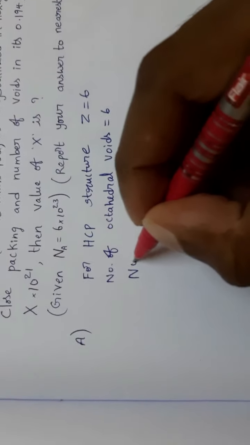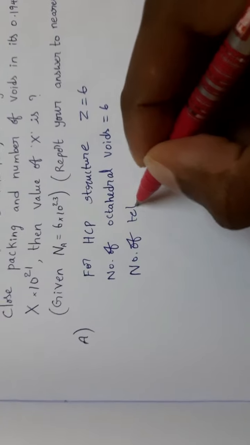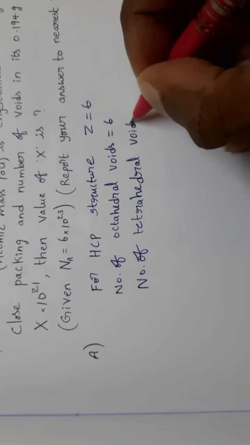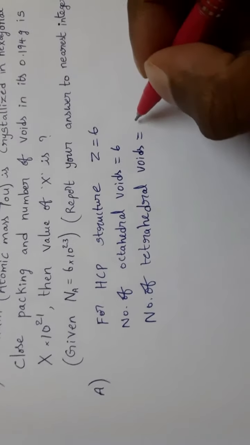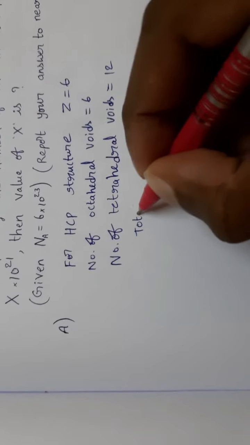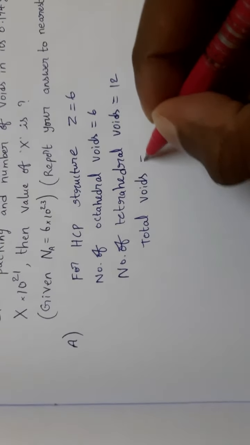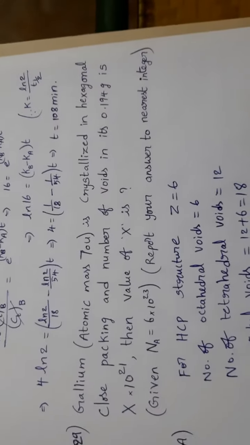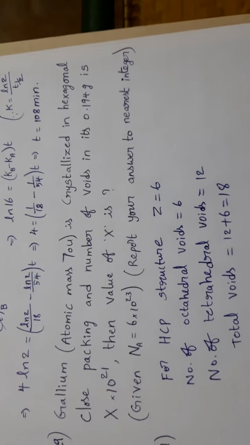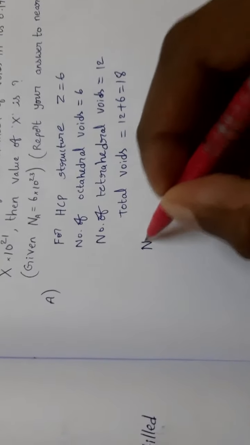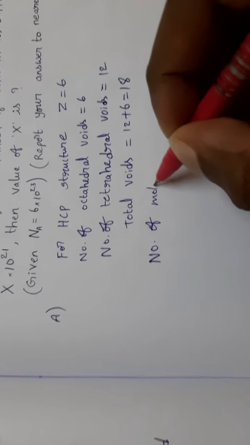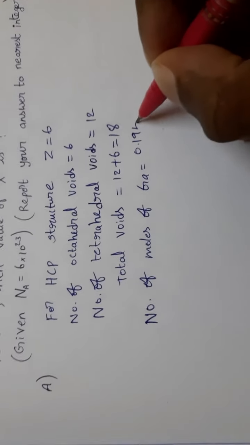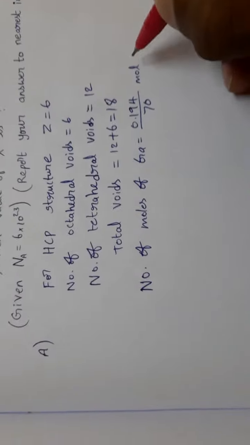Now number of tetrahedral voids is double the number of atoms in the unit cell, so 12. Total voids per unit cell 18. Now what is the given mass of gallium? 0.194 grams. Calculate number of moles. Number of moles of gallium equal to 0.194 divided by 70 moles.